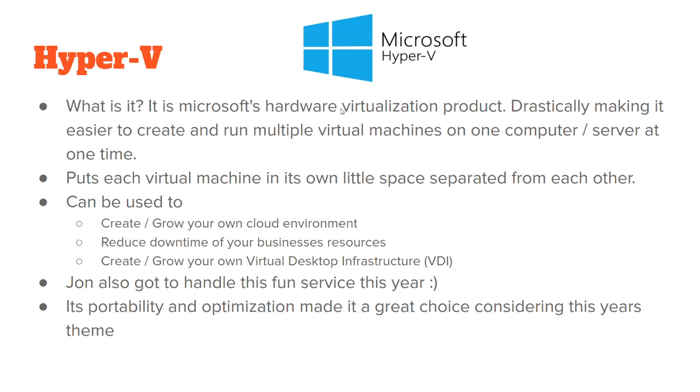Next, we have Hyper-V. John also was able to work with this. It's basically a hardware virtualization product that makes it a lot easier to create and run a lot of virtual machines on one piece of hardware, computer, or server at one time. And it allows them to be put in their own little isolated quarantine space so they can't communicate with each other or send malware back and forth, stuff like that.